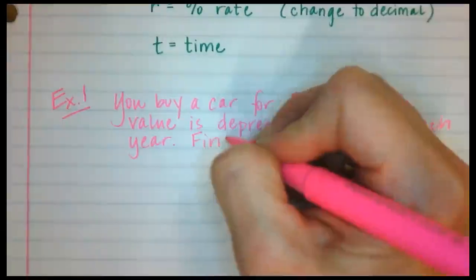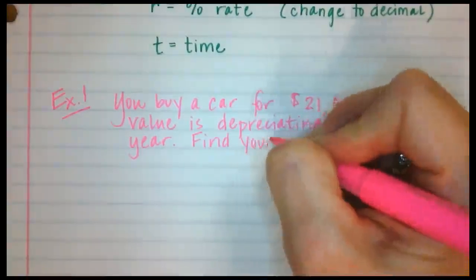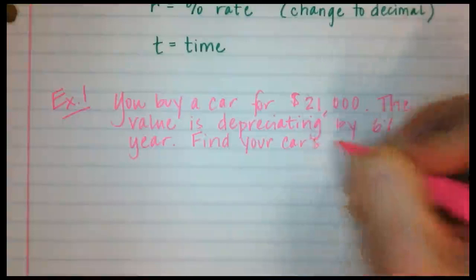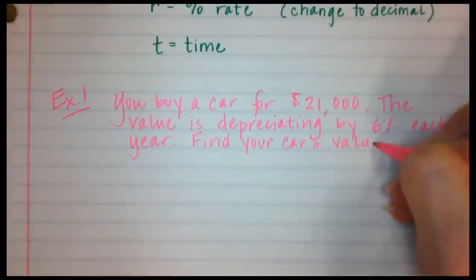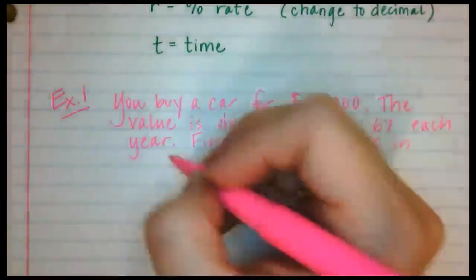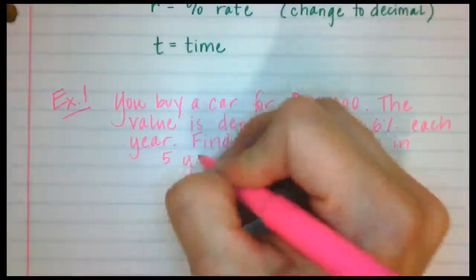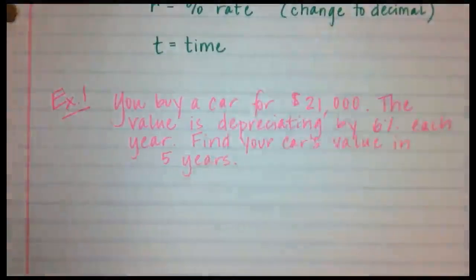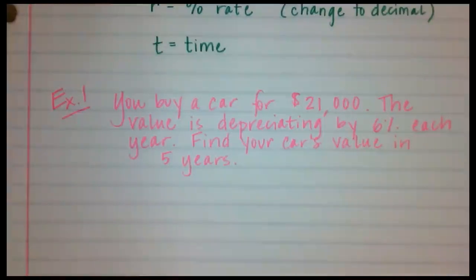So find your car's value in 5 years. All right, so you buy a car for $21,000. The value is depreciating by 6% each year. Find your car's value in 5 years.